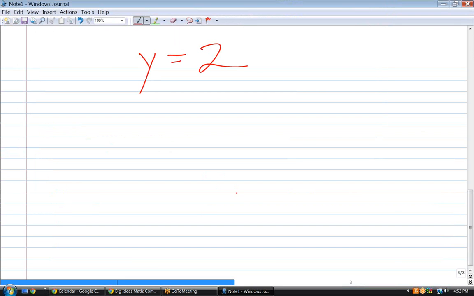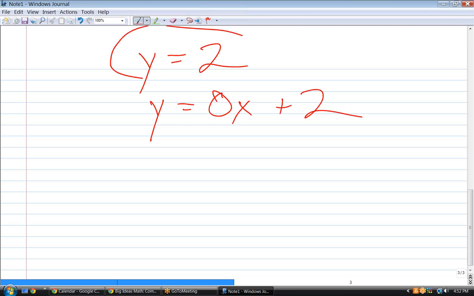That's actually a linear equation. What this is, is y equals a slope of 0 times x plus 2. In other words, this is actually in slope-intercept format. It's just that the slope is 0, taking this term out of play. And since that's a horizontal line, it never touches the x-axis. Okay. So the answer is no.